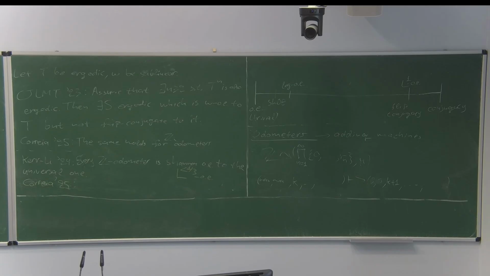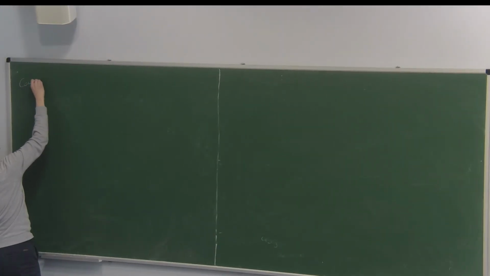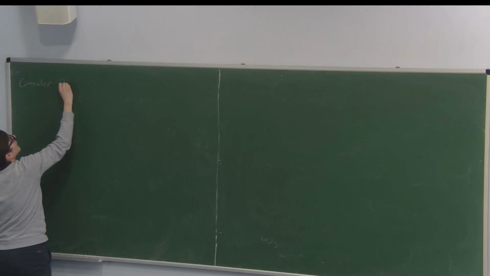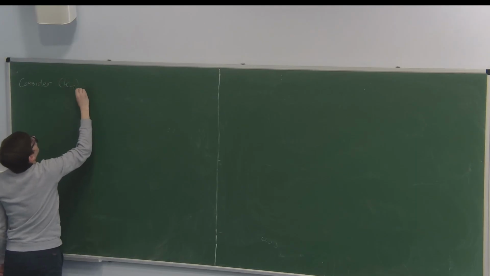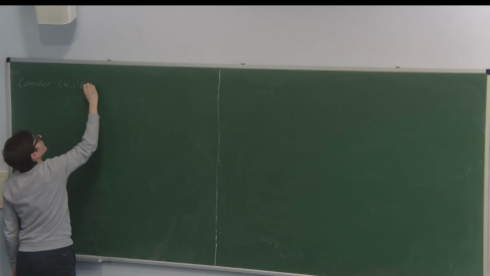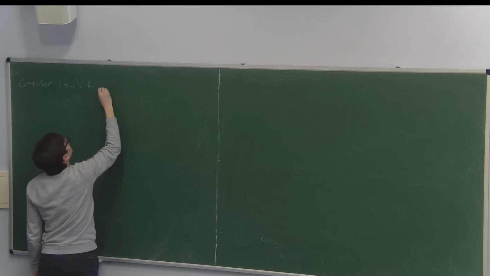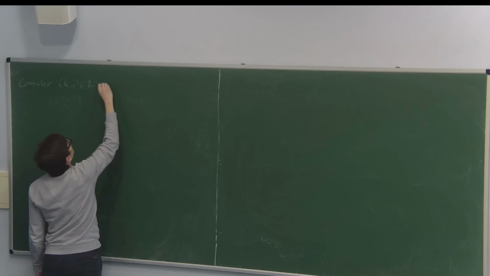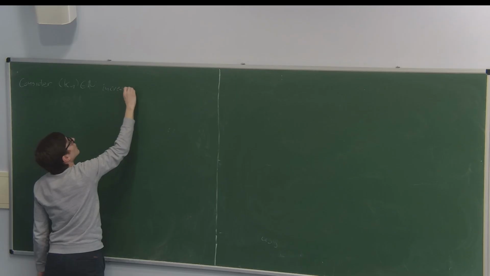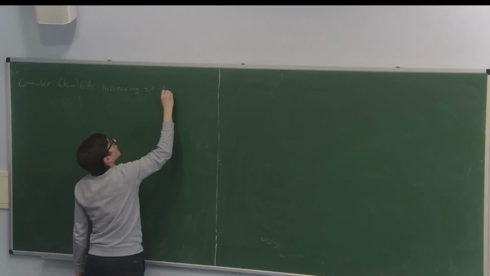Now, an equivalent definition that is very believable to be seen that is equivalent is the following. Consider some sequence Kn of natural numbers, let's say strictly increasing, such that everything divides the next one.